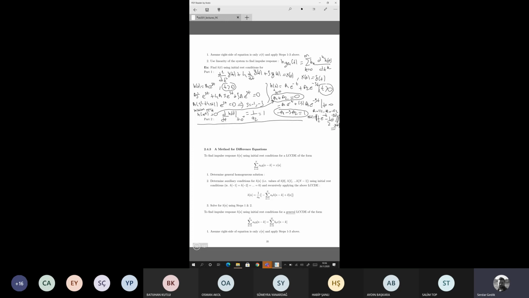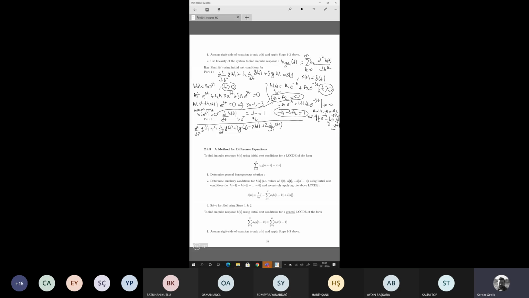But what about the second part? If I have such an equation, d squared by dt squared y of t plus 4 d by dt y of t plus 3 y of t is equal to x of t plus 2 d by dt x of t. Now I have a general right-hand side. I have x of t and its derivatives.